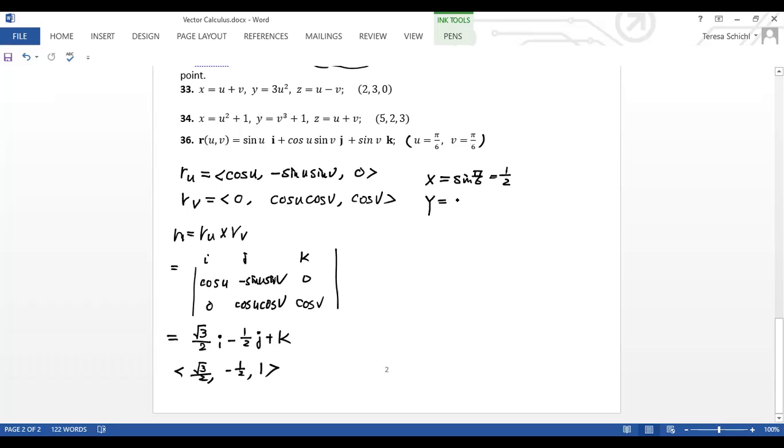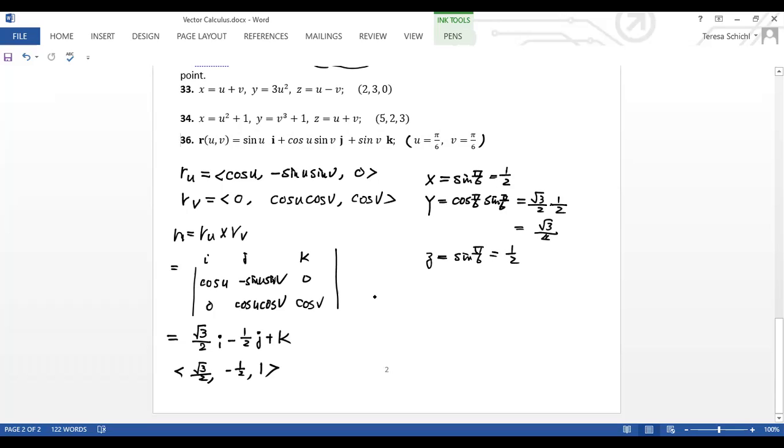And y equals cosine u sine v, so cosine pi over 6 is square root of 3 over 2, times 1/2, so it's square root of 3 over 4. Now, what is z? z is sine pi over 6, which is 1/2. So the point is 1/2, square root of 3 over 4, and 1/2.